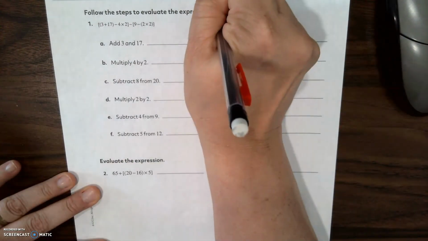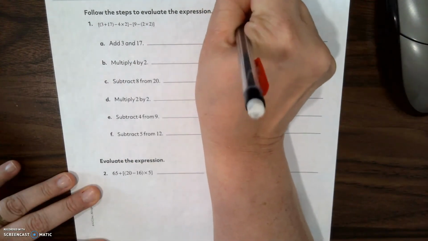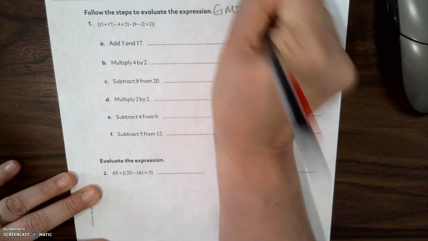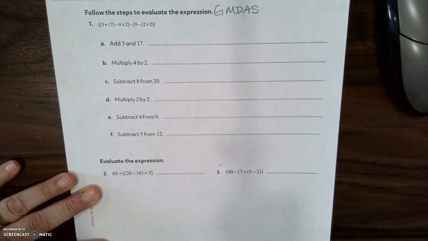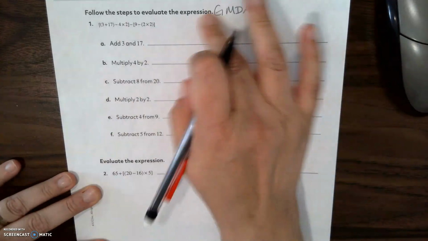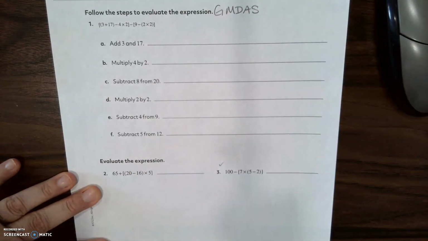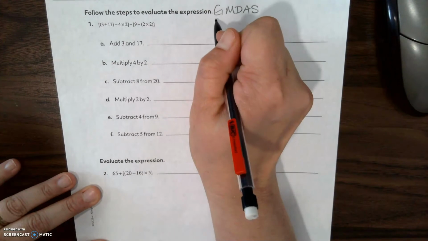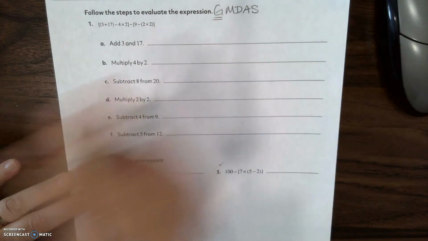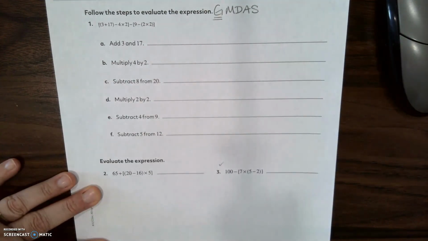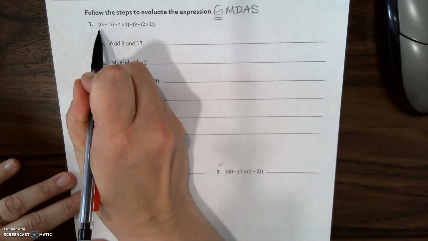And remember, I'm going to put this out here so that I don't forget. This is our order of operations. Write that out there so that you don't forget either. Now, I have to look first. Do I have any groups present? Well, yeah, I have a lot of groups present.